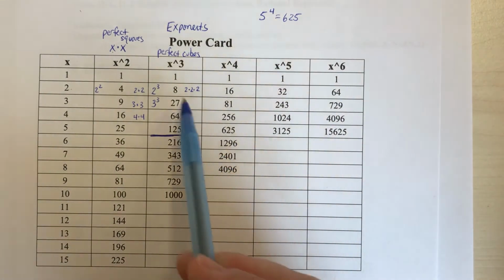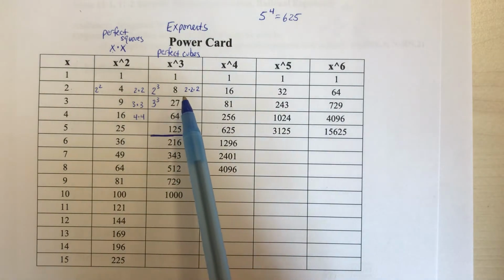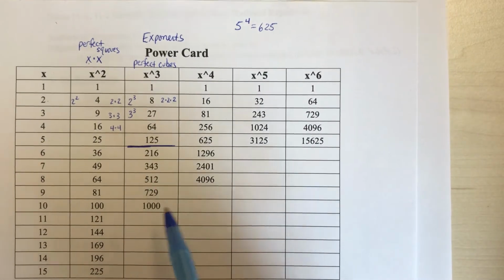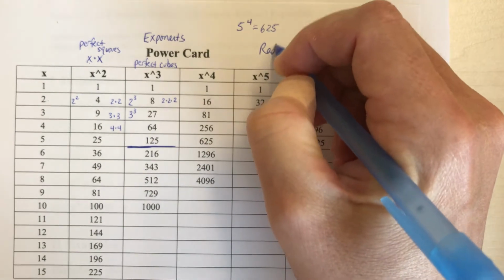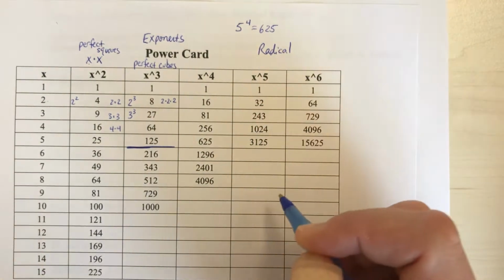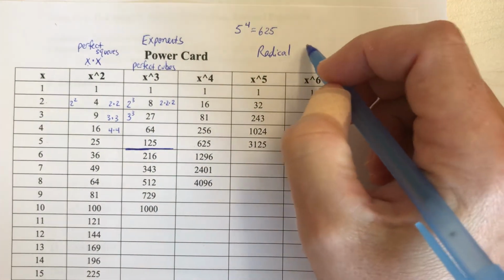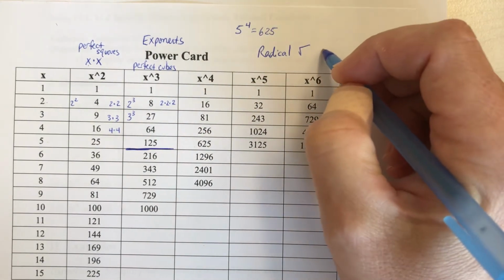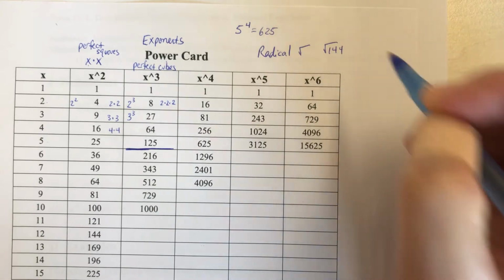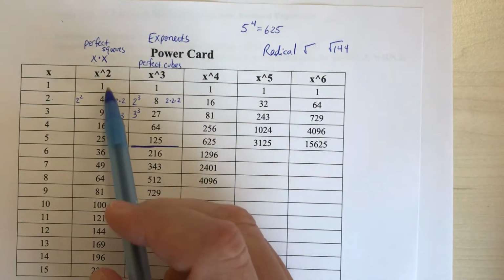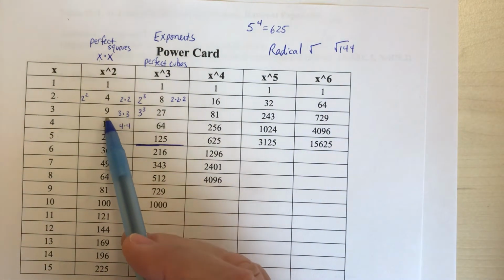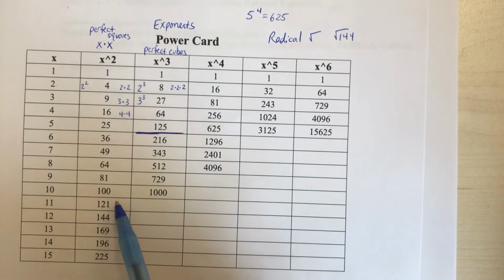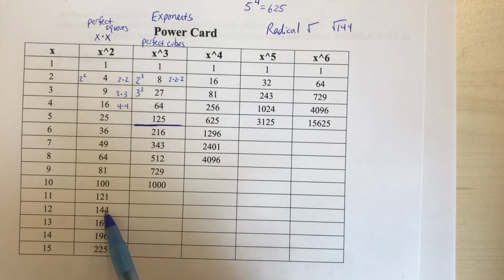Now, the other thing is, we can do exponential arithmetic, but we can also do what we call radical arithmetic. And radicals, like I said before, are kind of like square roots and things like that. If I ask you the square root of 144, now we know it would be in the x squared column. So now we're working backwards. So here's 144.